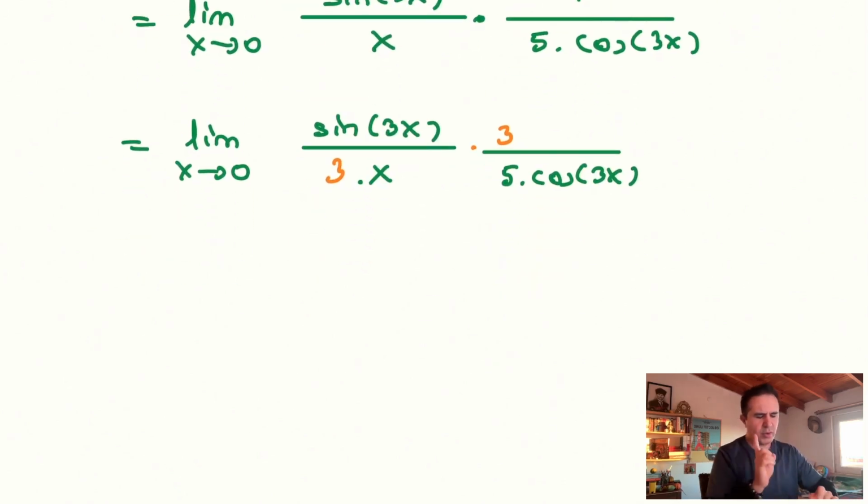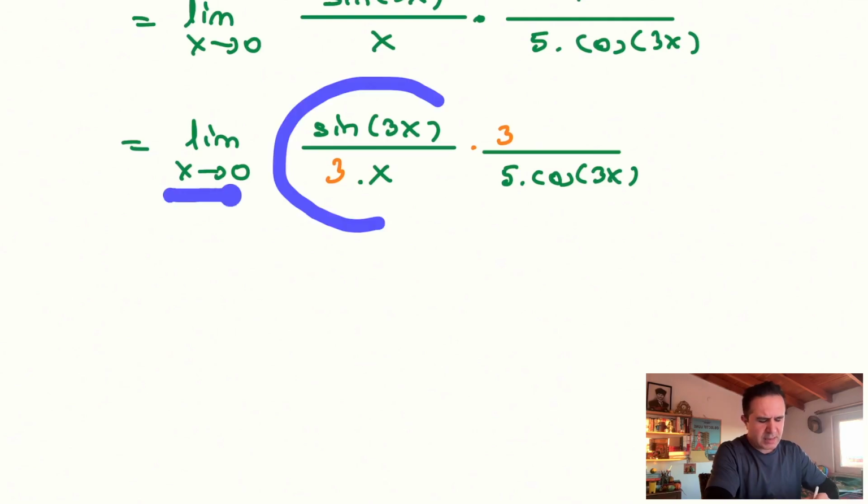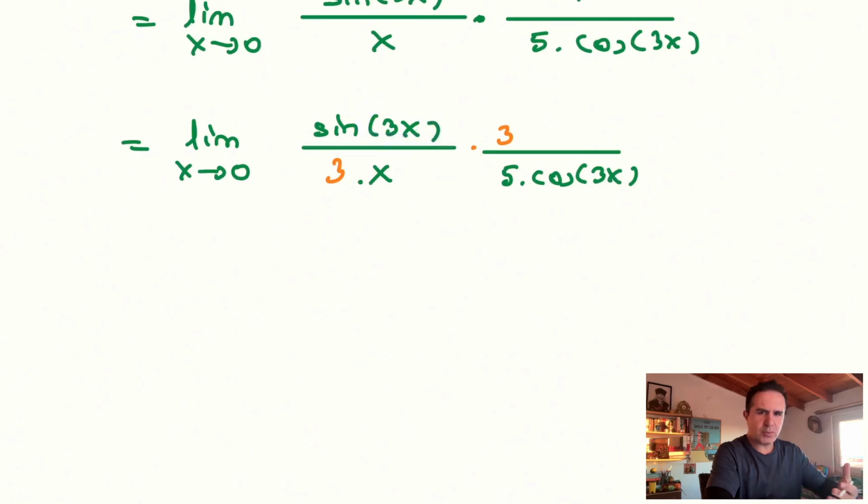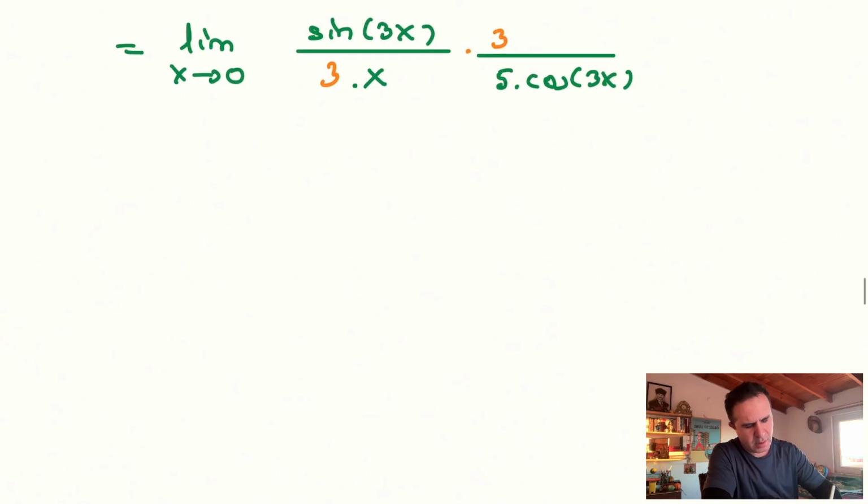And we know that the limit as x approaches 0 of sine x over x is equal to 1. And since x approaches 0, we know that 3x also approaches 0 here. Then let me show you the limit as x approaches 0 of sine 3x over 3x.